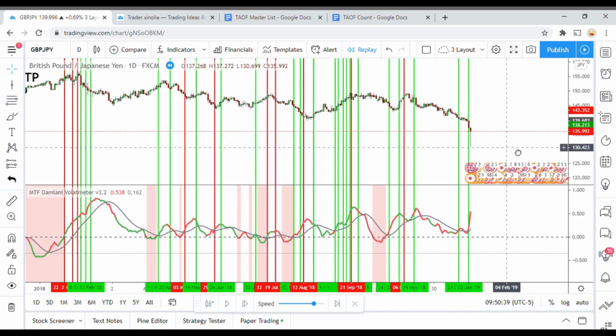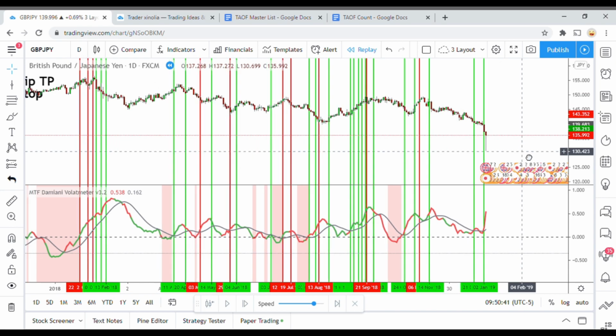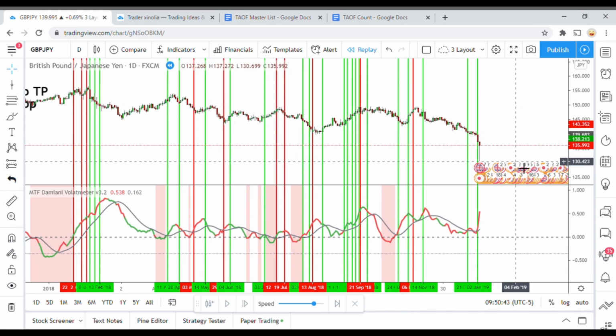Alright, so there we have it. So that is the Damiani Volatmeter changed around just a little bit there to give us some more signals.